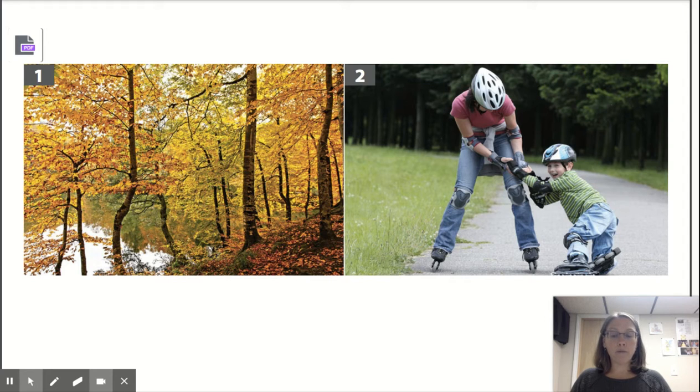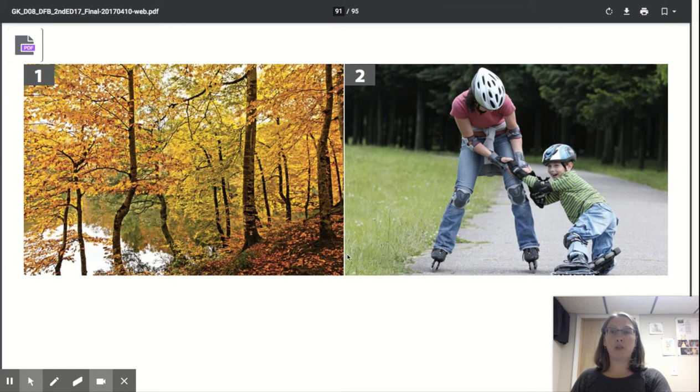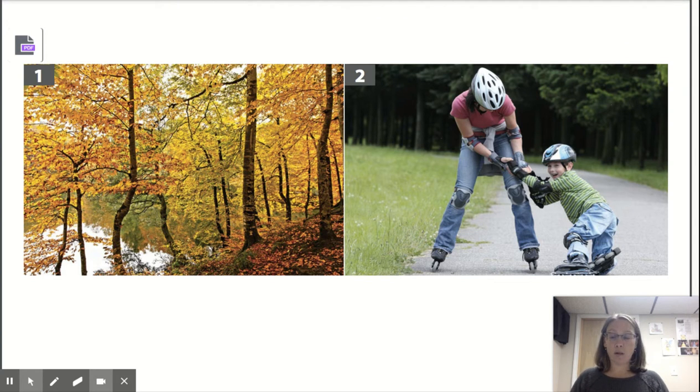Hold up one or two fingers to indicate which image on the poster shows how the word fall is used in our lesson. Did you hold up one finger? One is the image that shows fall as it relates to our lesson.